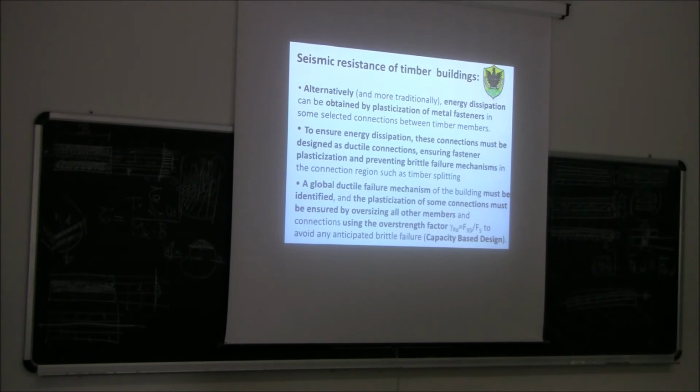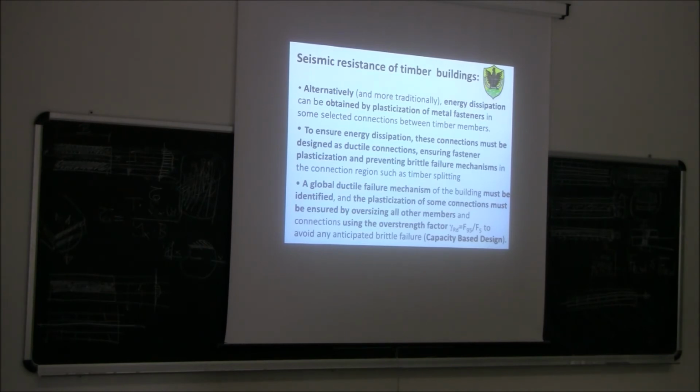So the beam-column joint will be our ductile member. So we are going to design this for the reduced cyclic force. And we will have to make sure that in the ductile failure member, we have one or two plastic deformations in the fastener. Otherwise, it doesn't work.